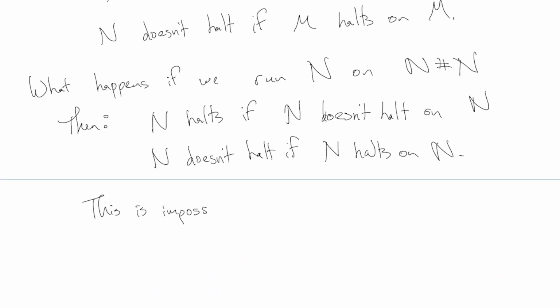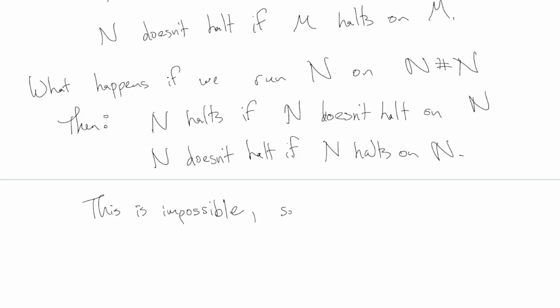There can be no such machine that behaves in this way because this is immediately self-contradictory. This is like the guy who says my twin brother always lies or something like this kind of a thing. I don't know, you know what I'm talking about. It's like saying I always lie, something like that. This is impossible.